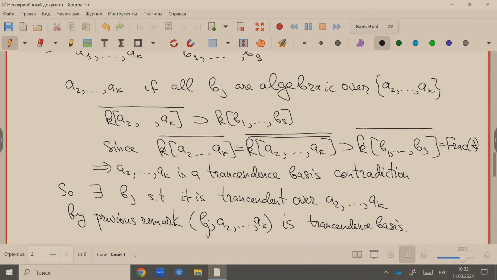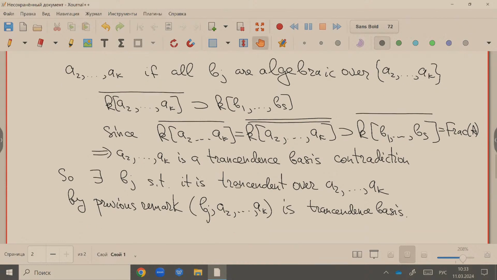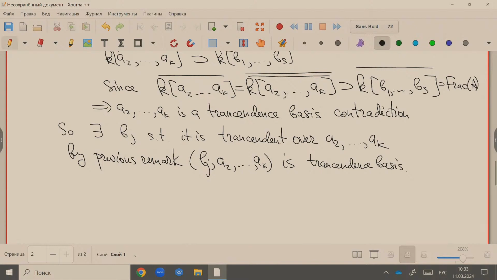Yeah, so what we have done here is we have taken a fixed element, thrown it away, and changed it for another b. So just applying this procedure, we already have Bj, A2, etc., AK.